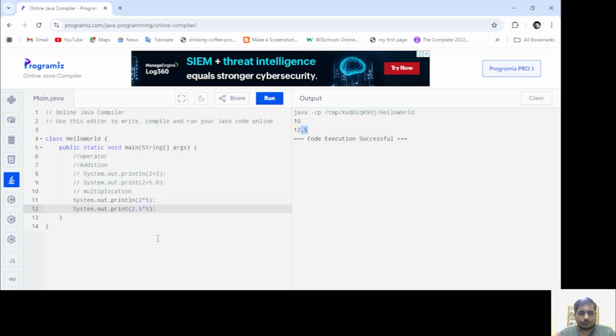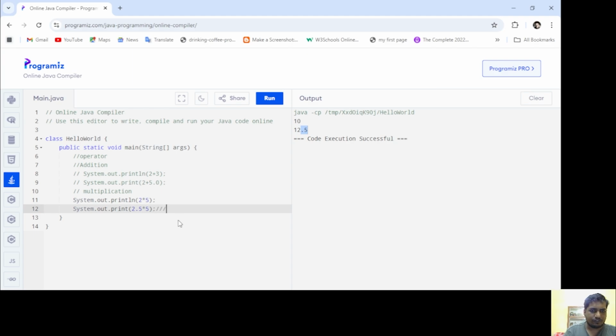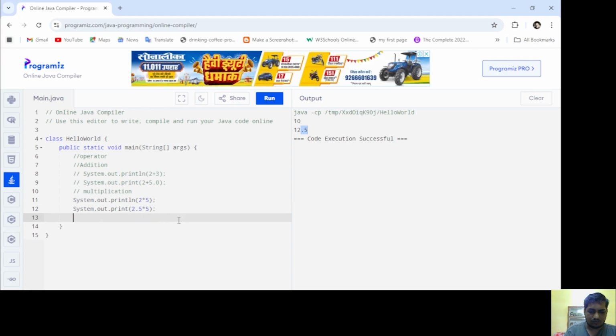Now we come to the division section. Our statement says that if we do some division, 7 divided by 2, according to mathematics some point value will be given.